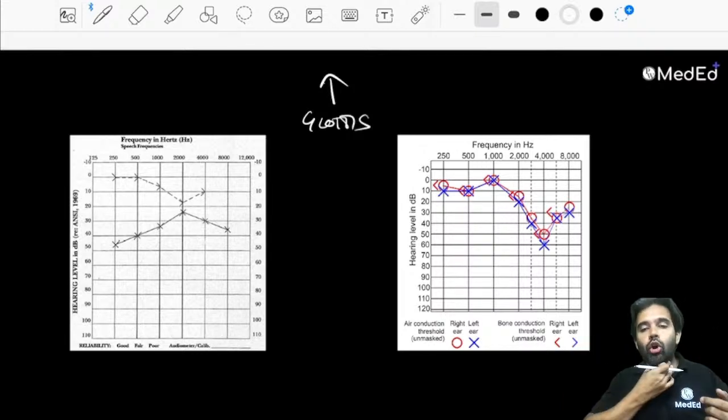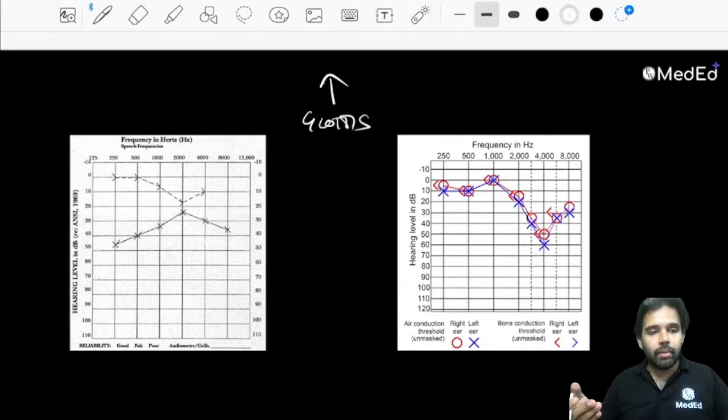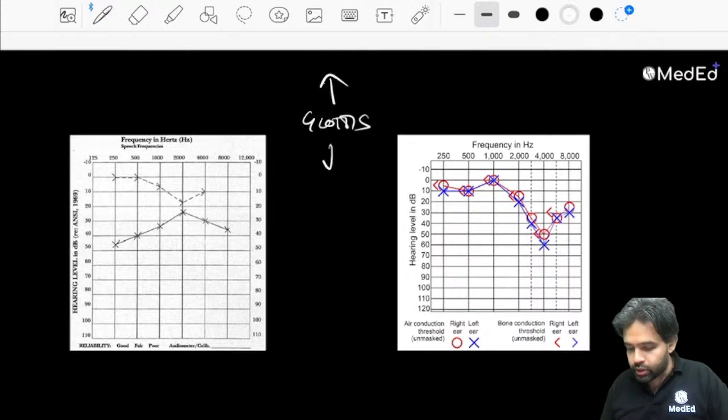So in any supraglottic problem, like laryngomalacia, epiglottitis, anything above the glottis, there will be inspiratory stridor. If it is below the glottis, then the stridor is during expiration. Below the glottis, it is expiratory. Above the glottis, it is inspiratory.